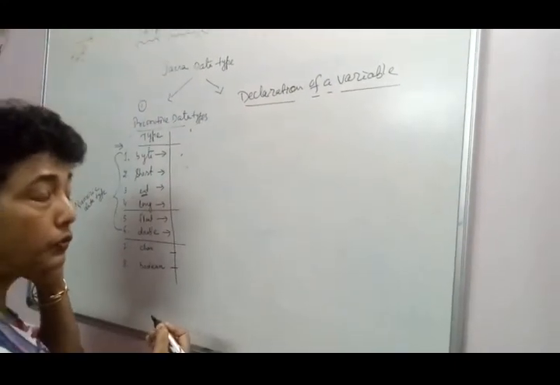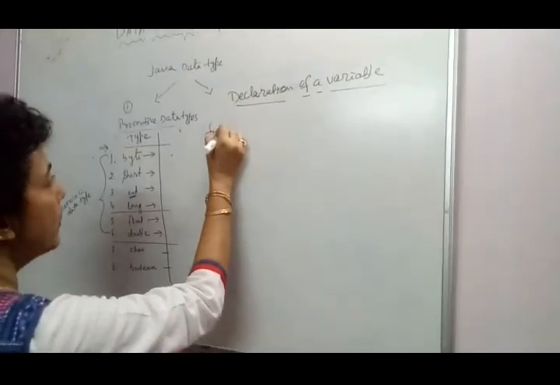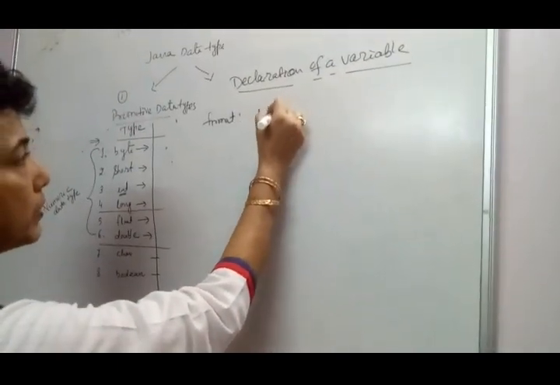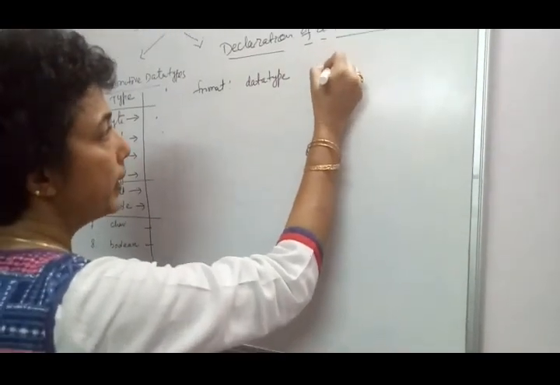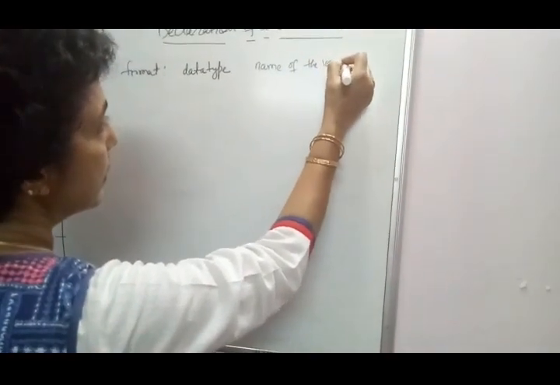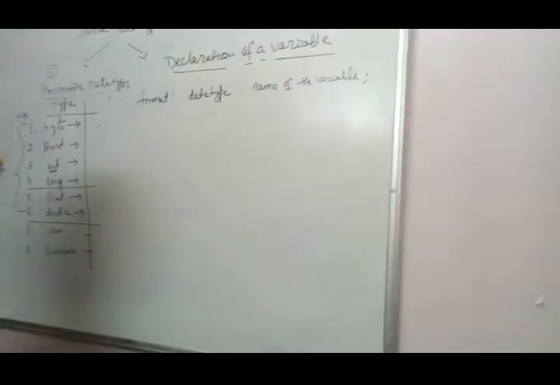So we should know how to declare them. The syntax of declaring a variable is, first of all, you write the data type, followed by the name of the variable, and it should end with a semicolon.